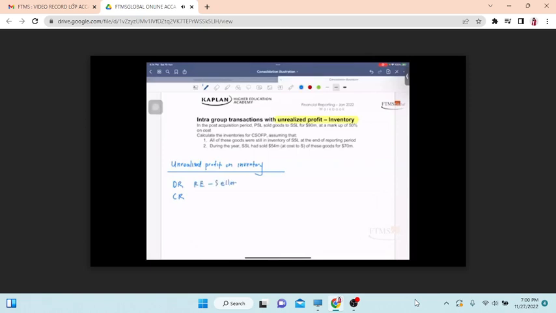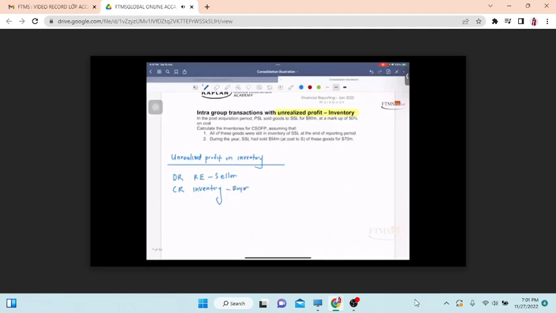And the other portion, the profit is hiding in the inventory of the buyer. So I need to credit inventory.